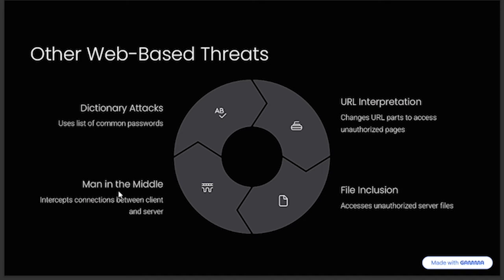Man in the middle allows an attacker to intercept the connection between the client and the server and act as a bridge between them. With this, an attacker will be able to read, insert, and modify data in the intercepted connection.